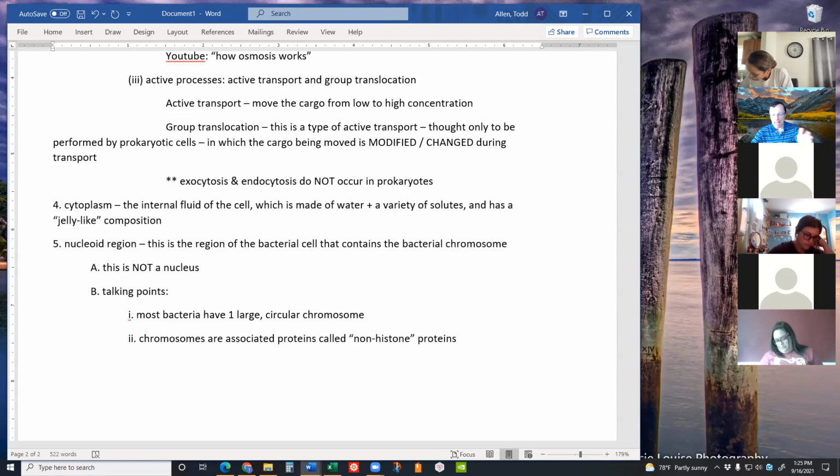If you have any animal biology background, you know that the chromosomes in your cells are made of DNA plus proteins called histones. Bacterial cells do not have histones, but they do have other proteins which are generically referred to as non-histone proteins.